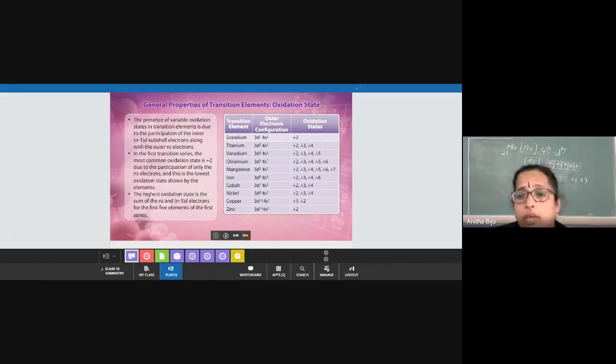So the most common oxidation state +2 is due to the participation of only the ns electrons, and this is the lowest oxidation state. The highest oxidation state is the sum of ns and (n-1)d electrons.